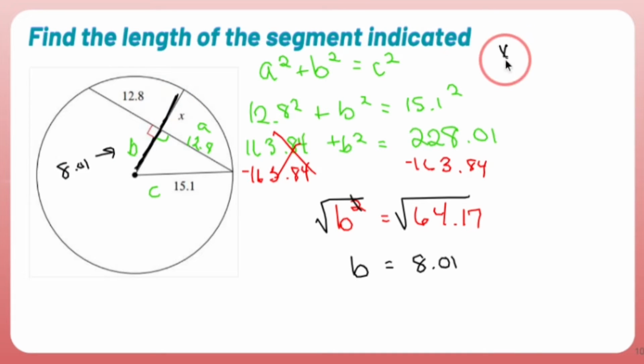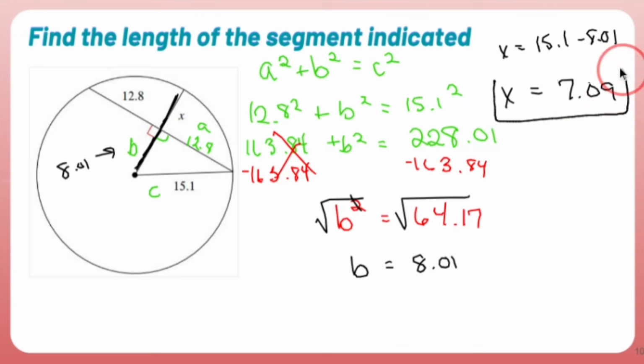So to find x, I can do the radius, 15.1, minus the chunk that I just found, 8.01. 15.1 minus 8.01 is 7.09. So that's my x. No units to worry about, just numbers, done.